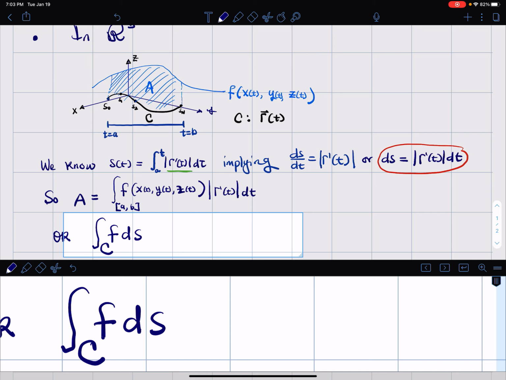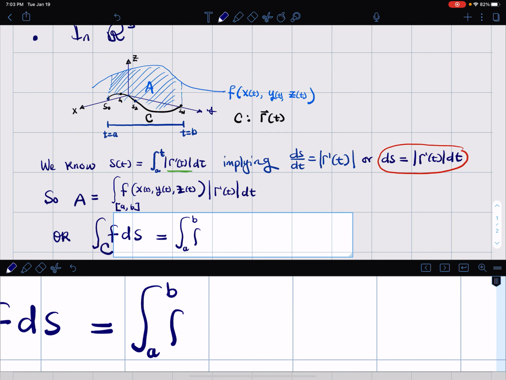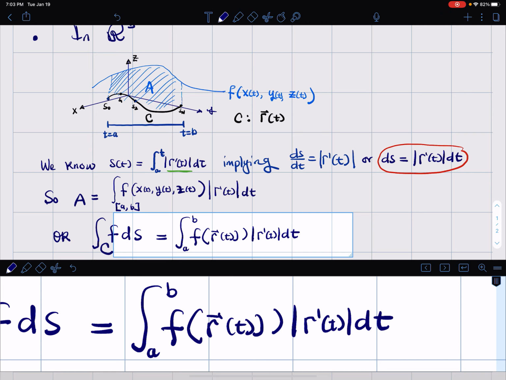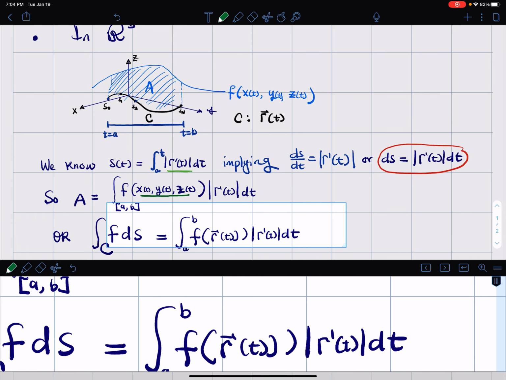But it turns out this is the integral from a to b, just like we have there, of f of r of t times the magnitude of r prime of t dt. And what is r of t? r of t is the vector that has x of t, y of t, z of t. So that's r of t.